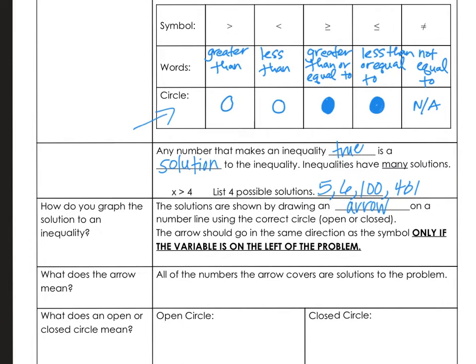So only if the variable is in the front. I'm going to talk about this in a minute. We're going to see an example of this, okay? What does the arrow mean? It means that all of the numbers the arrow is pointing toward and covers are solutions to the problem.